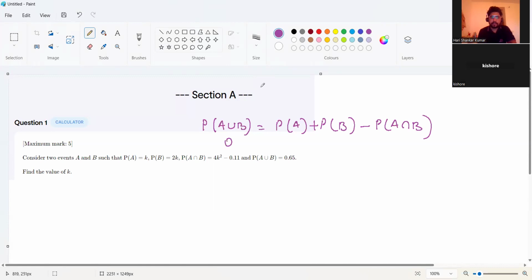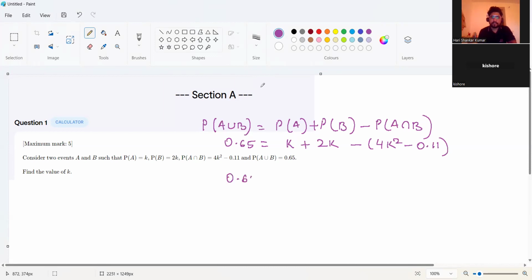We have P(A union B), P(A), P(B), minus P(A intersection B).